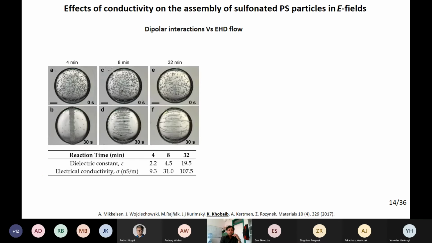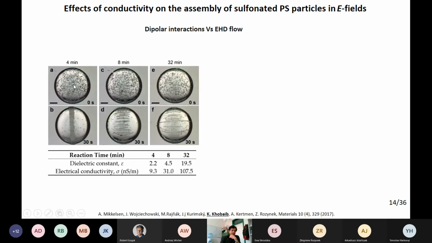Here we use different conductivities of the particles. We sulfonated polystyrene particles for 4 minutes, 8 minutes, and 32 minutes. You will see that the dielectric constant increases with increasing sulfonation time, and the electrical conductivity also increases. What happened with the 4 minute?